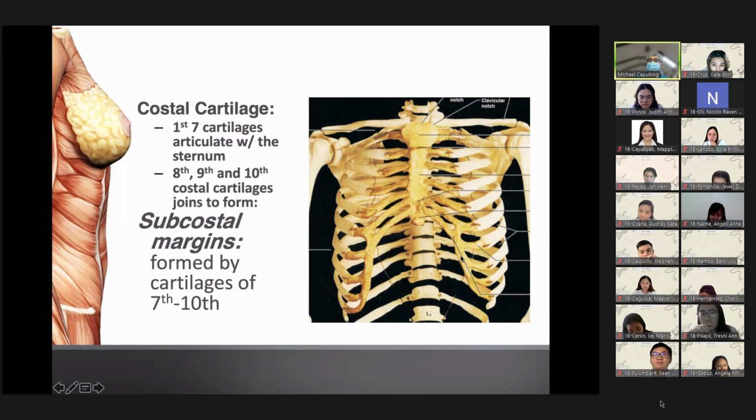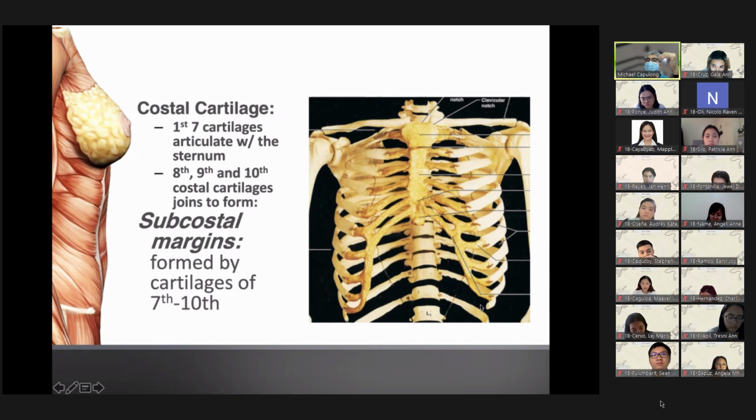So this signifies the demarcation between the thoracic cavity and your abdominal cavity. This is not the major structure that subdivides the thoracic cavity and the abdominal cavity, because you know that the diaphragm is there. It's actually the diaphragm which separates the thoracic cavity and the abdominal cavity.